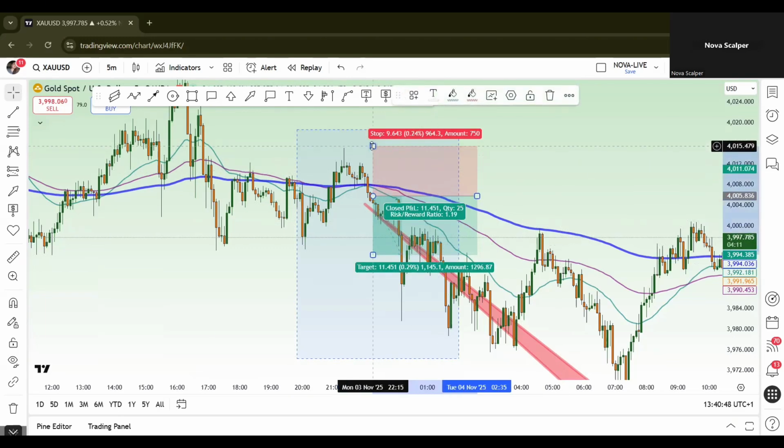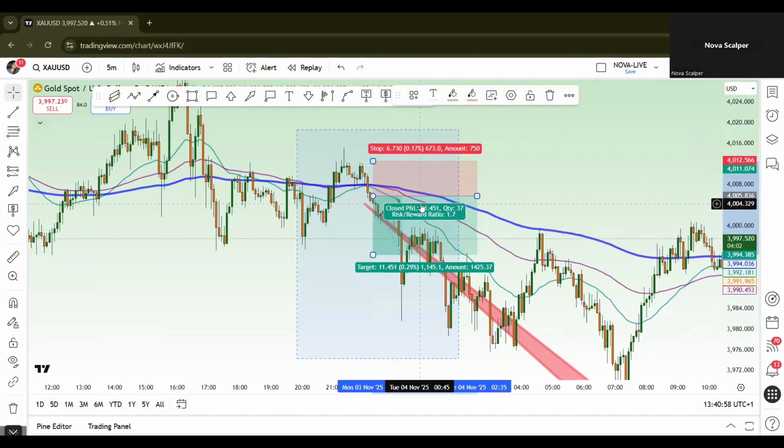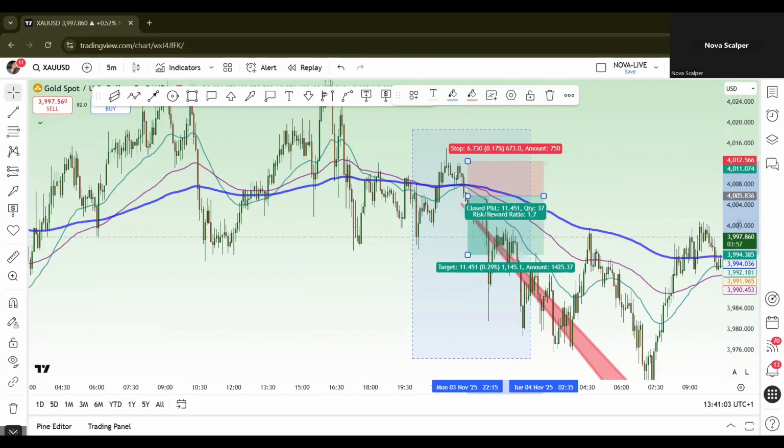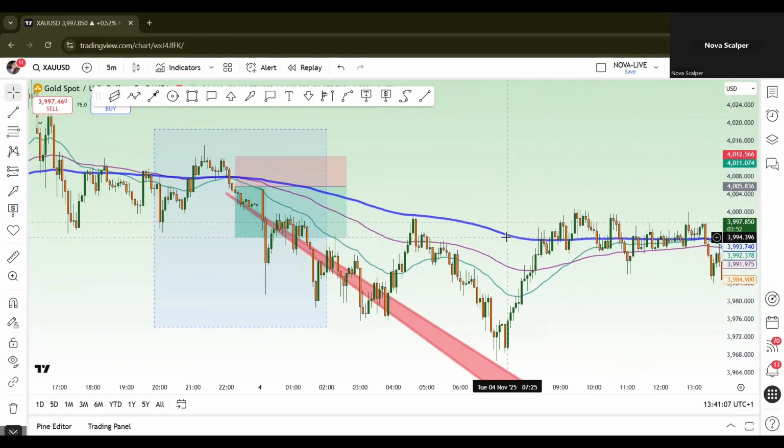So you can lower your stop loss a bit to 40.12 and it will increase your risk reward ratio up to 1.7. And obviously this signal started dropping down drastically.